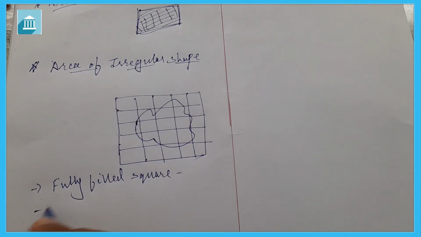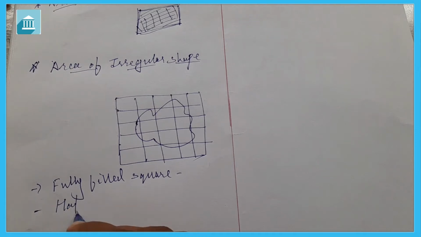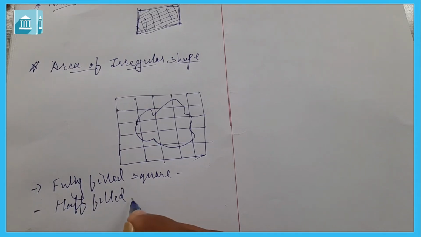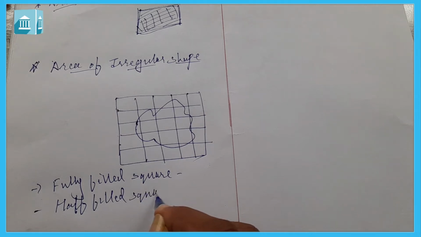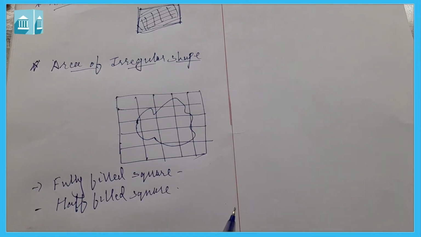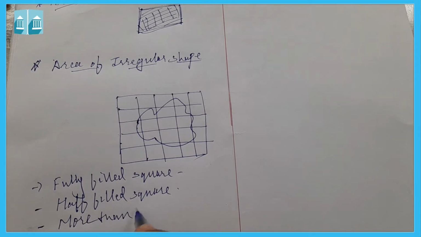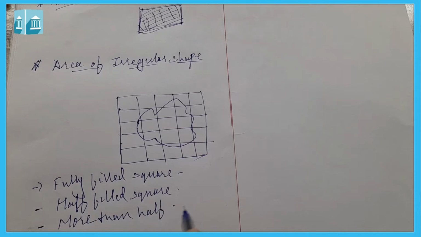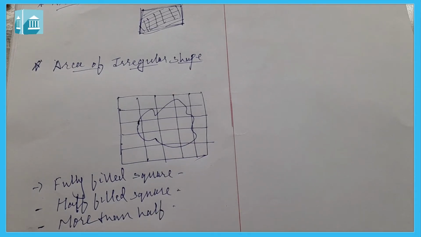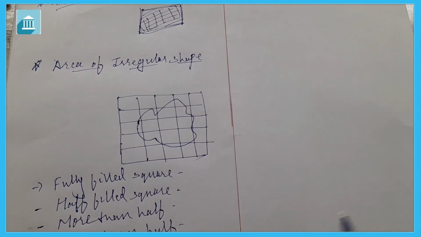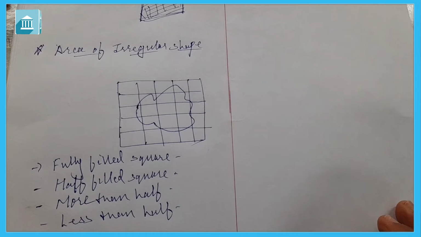Then half filled squares. Then more than half. And then less than half. So in this way we can measure the area.